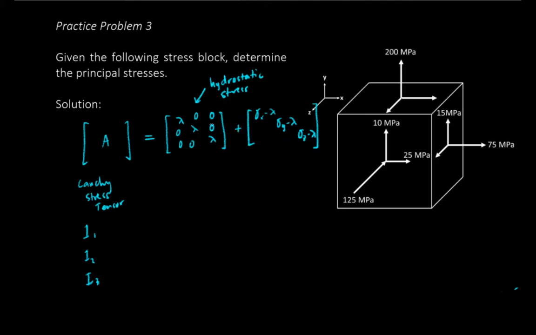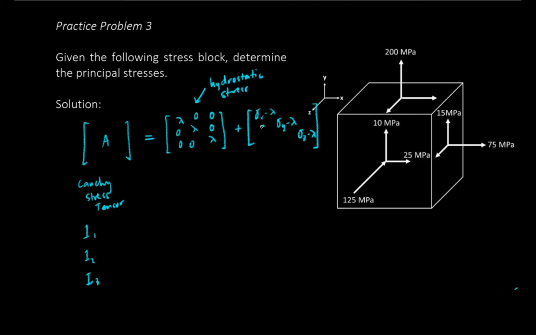Makes sense, no? Because if you remember your linear algebra, if you add these two matrices, you just add each value in the same position. So lambda cancels out for each of the diagonal values, which gives you the original stress tensor.